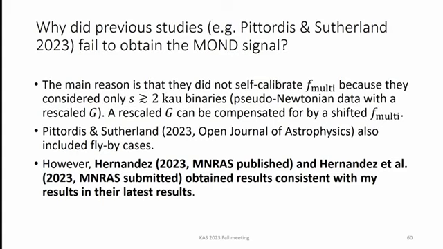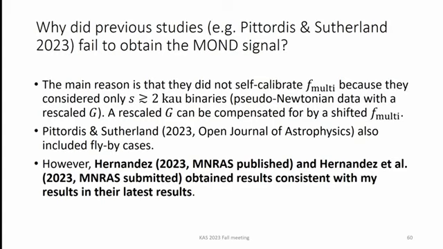Also, this study includes flyby cases, so they have another free parameter. But actually, Javier Hernandez is the person who presented this test more than 10 years ago. He now obtains results consistent with mine.